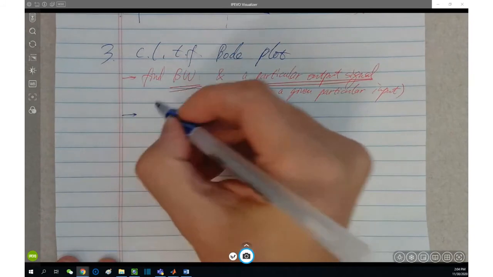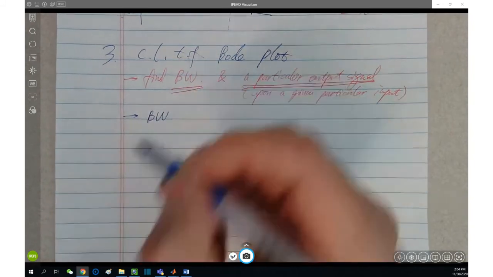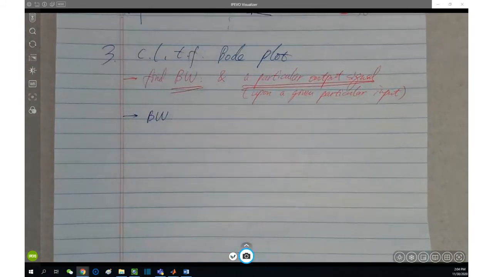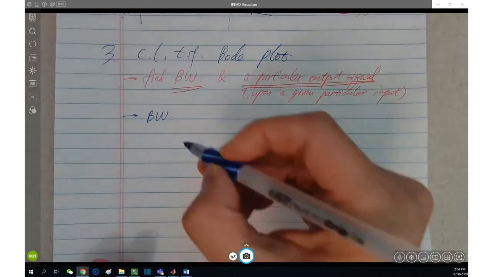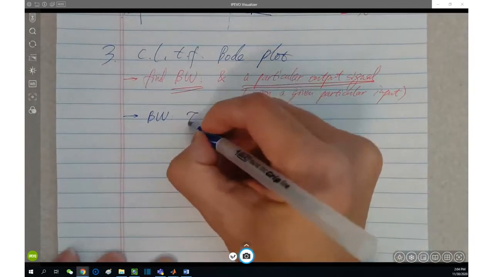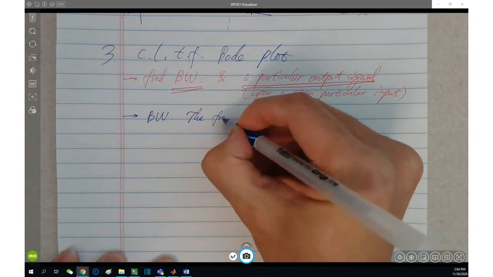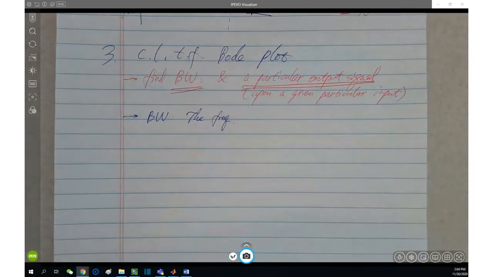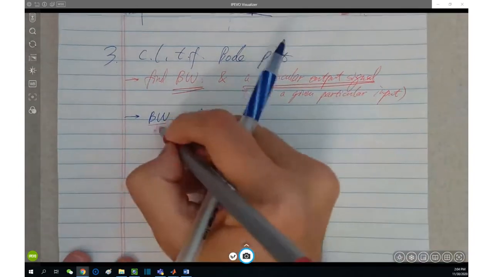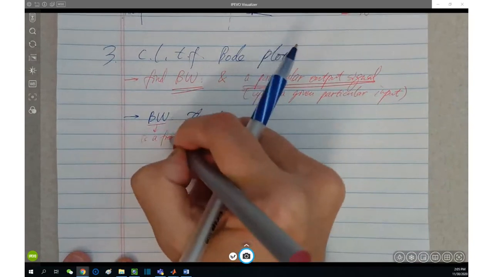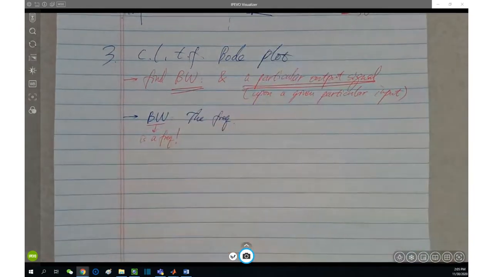So first, the bandwidth is a frequency. First of all, the bandwidth is a frequency. Bandwidth is not magnitude, not phase angle, but a frequency. You need to understand this. Your bandwidth equals like 50 hertz.